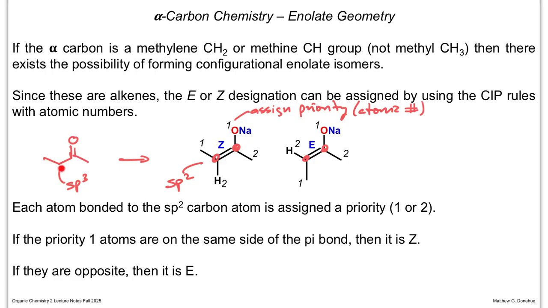So of those prochiral hydrogens, one is substituted for the electrophile. The complicating factor of the enolates is there are 2 faces of that pi system, that double bond.